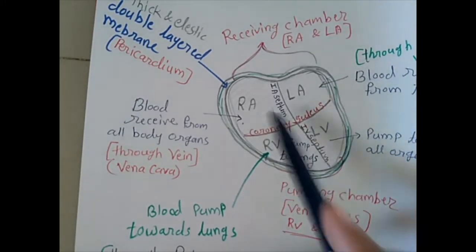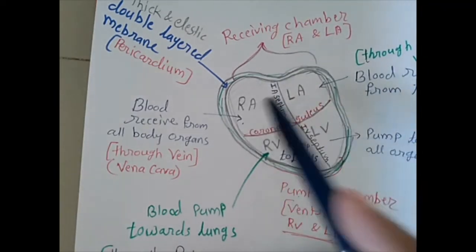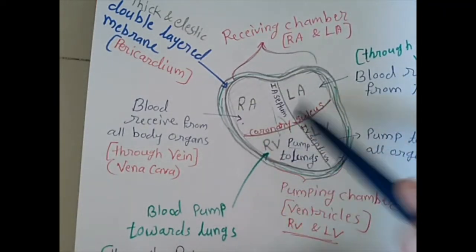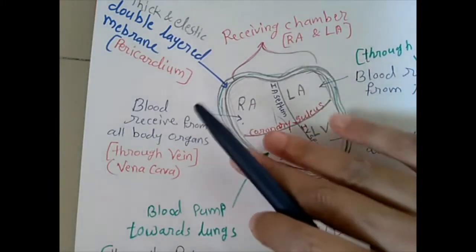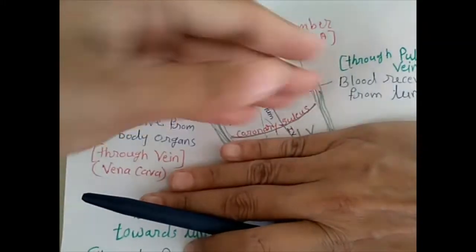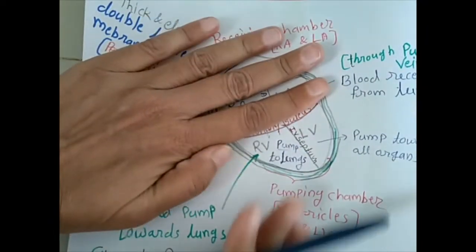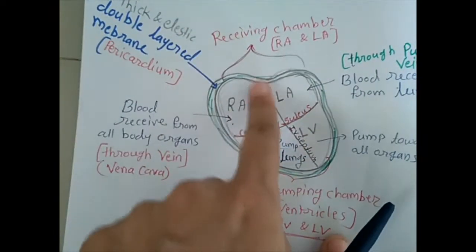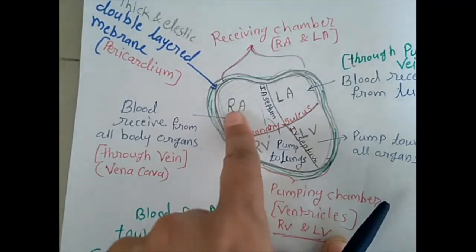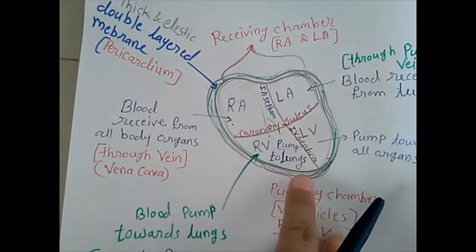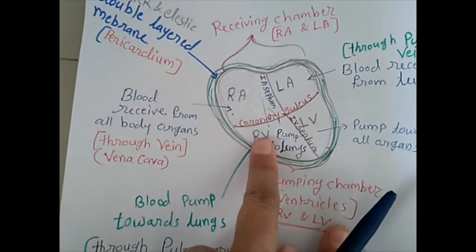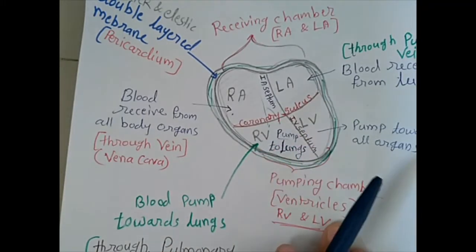Is that clear? Four chambered heart. At first it is divided into two parts, the upper part is auricle and the lower part is ventricle. Again the auricle is divided into right auricle and left auricle, and the ventricle is also divided into right ventricle and left ventricle.